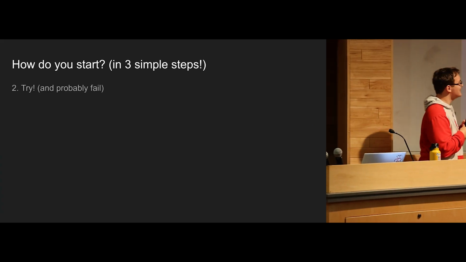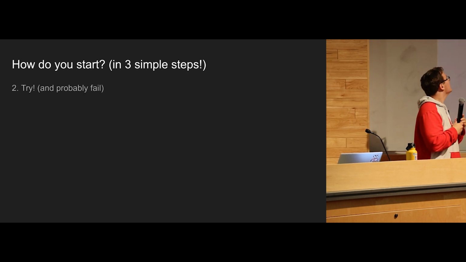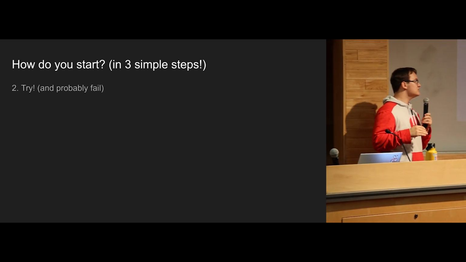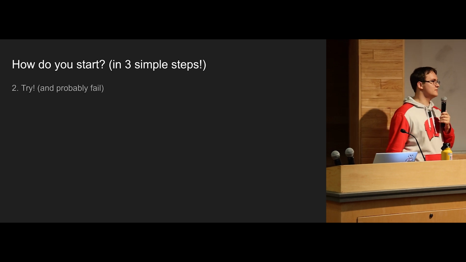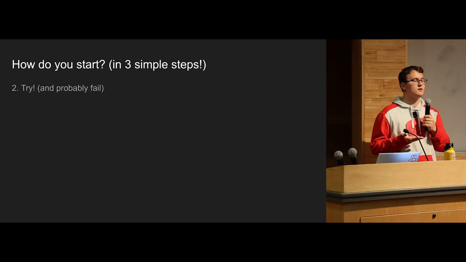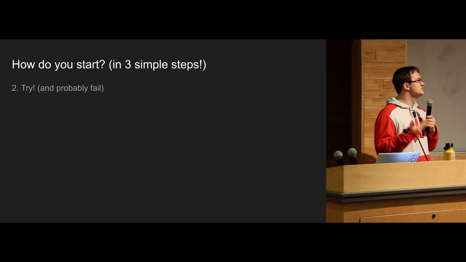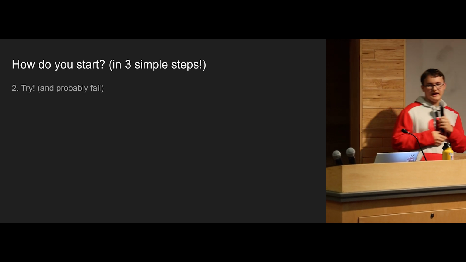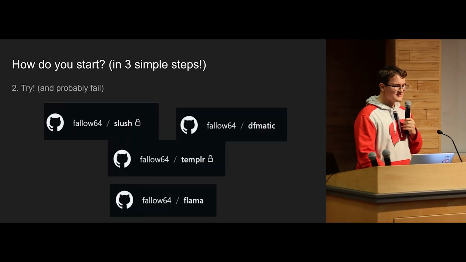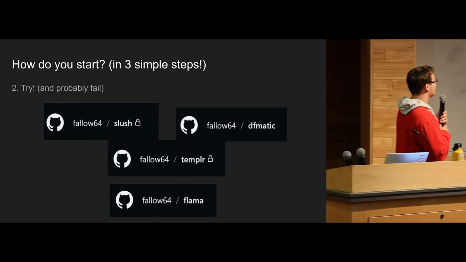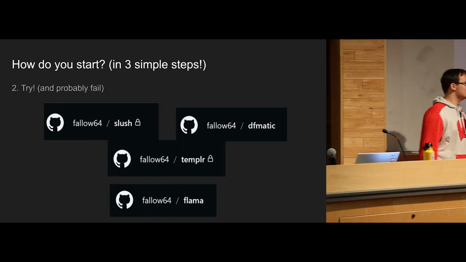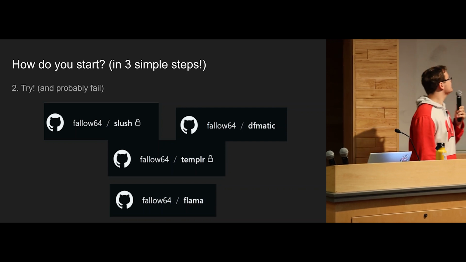And the second step is to try, and you'll probably also fail. But failing is a very useful thing, because you don't just scrap the project and move on, because you have gained very valuable experience. And so these are my amount of attempts that are on GitHub, because I have many, many more on a backed up hard drive.